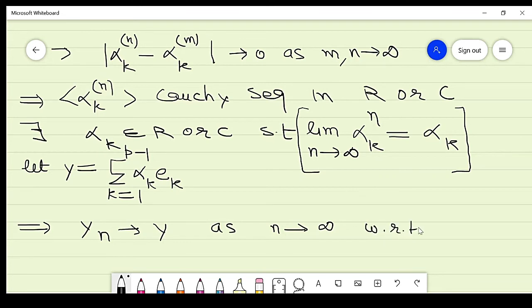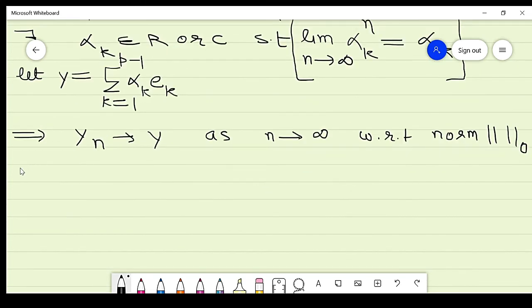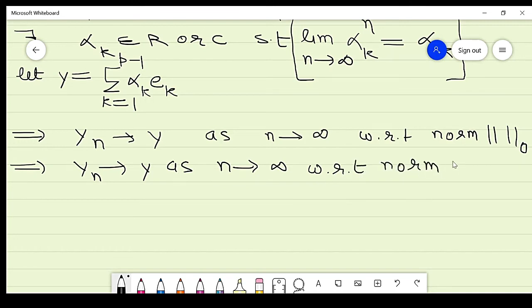Now, since both norms are equivalent, it is also convergent in the second norm, with respect to this norm, because both are equivalent.